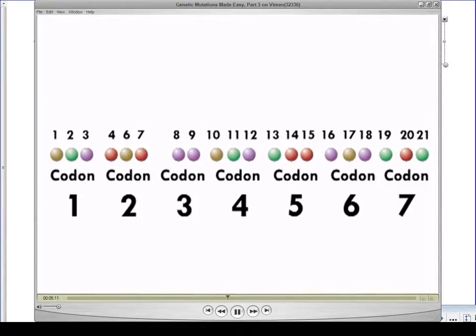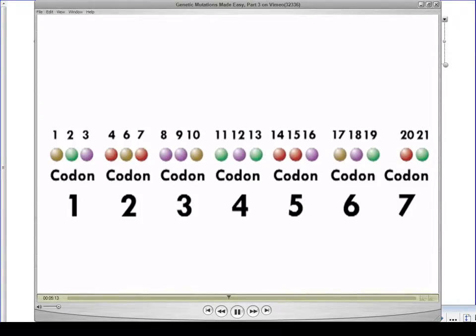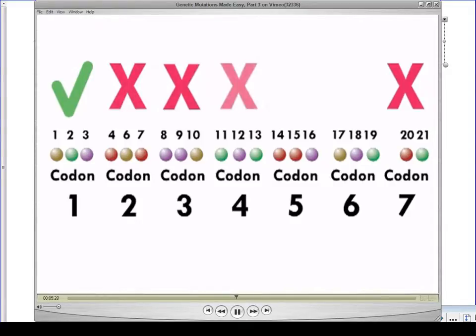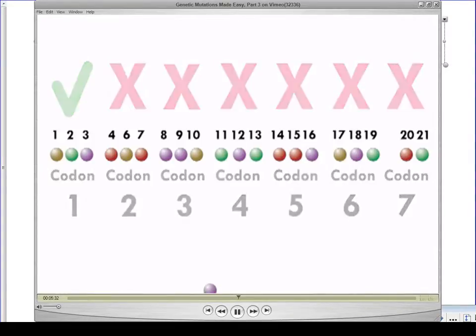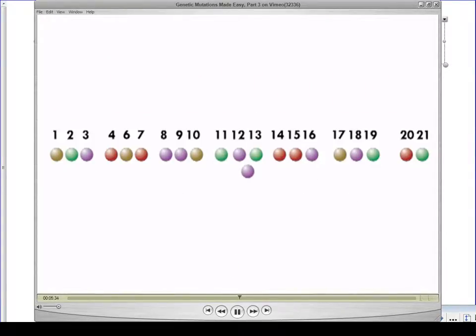And all the following codons will have their numbers shifted over 1, with the last codon having only 2 marbles in it instead of the normal 3. This is important because a deletion can leave a codon missing a nucleotide, and the nucleotides it does have may not be the ones it should possess. Insertion causes the same complication, but unlike deletion, it adds nucleotides instead of removing them.